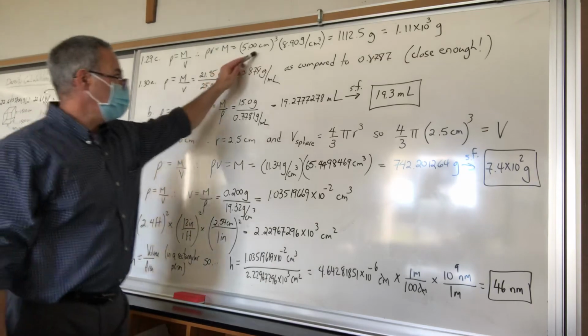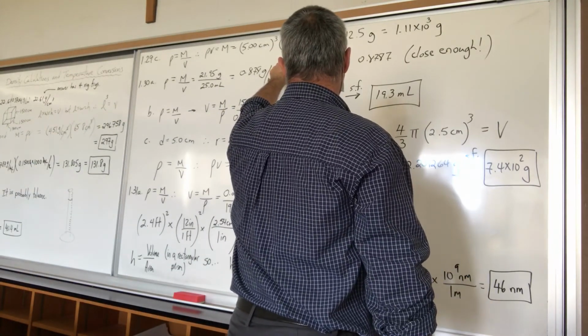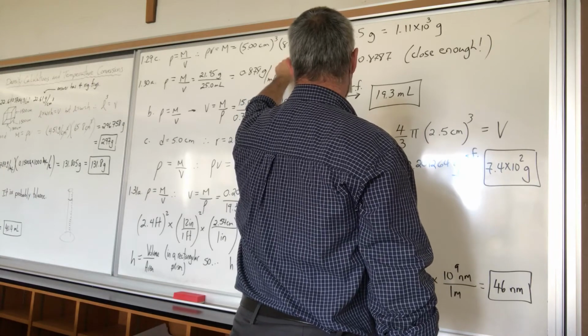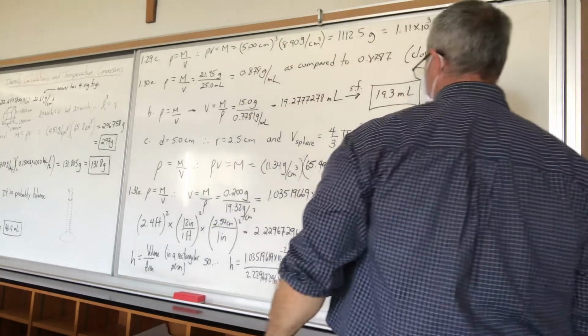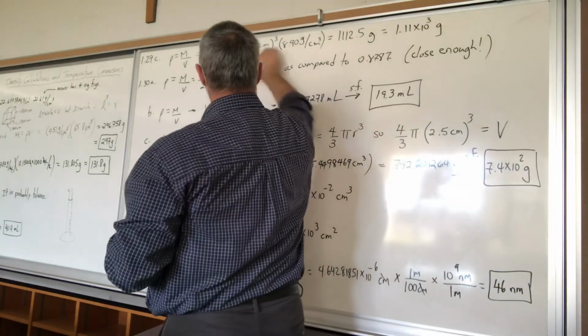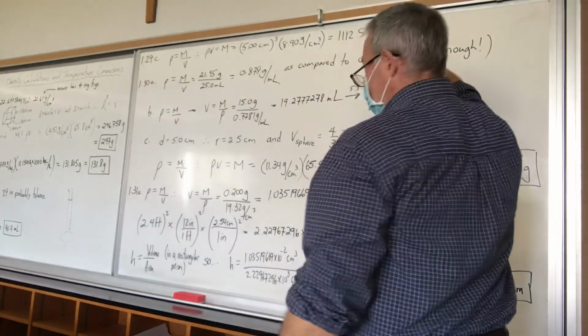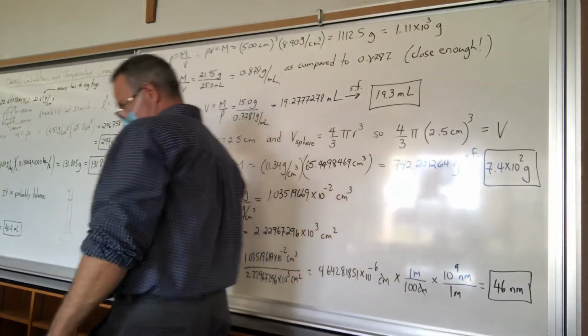I raised the 5 to the power of 3, and I multiply by the density. This is the volume, that's the density. Total mass is 1,112.5. I'm only allowed 3 sig figs because there's only 3 significant figures in each one of these, so my answer can only have 3 numbers. So you get 1.11 times 10 to the power of 3 grams.